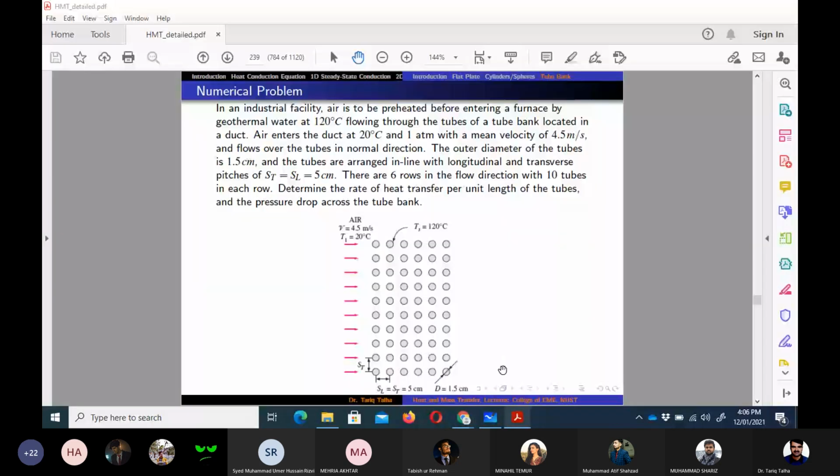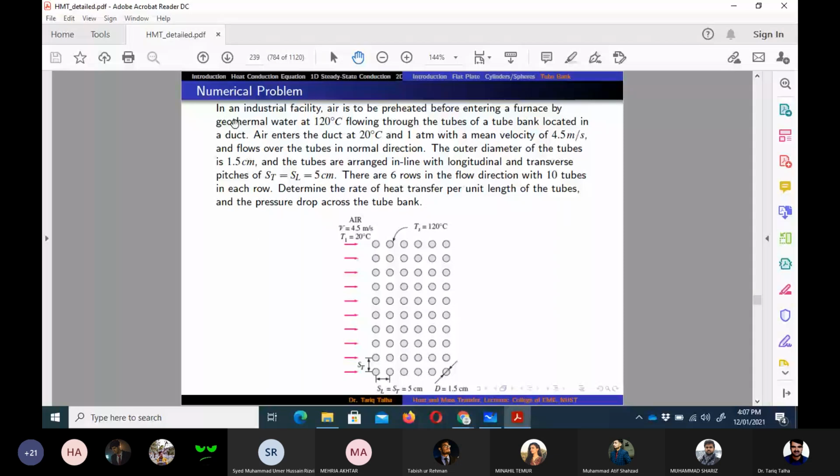So now we can go through a numerical problem on how to calculate Nusselt number and heat transfer rate for flow over a tube bank. The problem statement is: in an industrial facility, air is to be preheated before entering a furnace by the flow of geothermal water at 120 degrees centigrade flowing through the tubes of a tube bank.